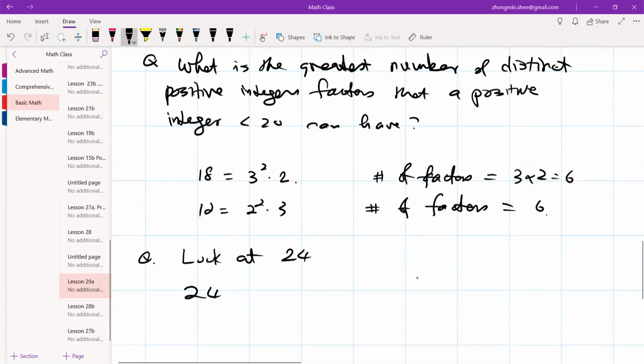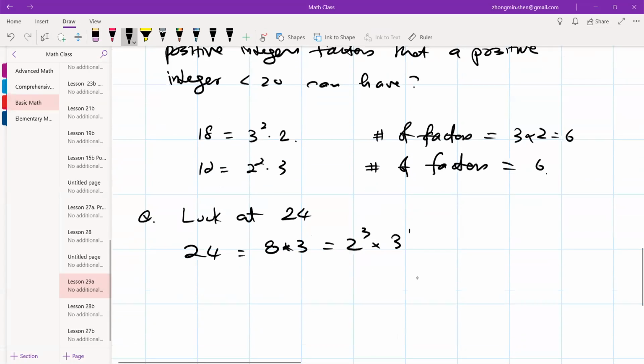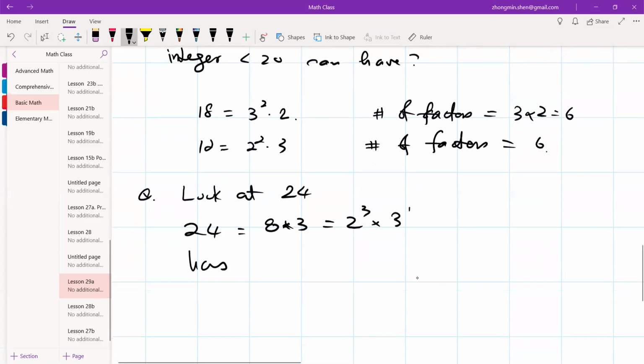Okay, 24 is 8 times 3, which is 2 cubed times 3 to the power 1. So it has 4 times 2, which is 8 factors. Why is it 4 times 2, not 3 times 2? Because the factors must be in the form 2 to the P times 3 to the Q, right? So P can be 0, 1, 2, 3, and Q can be 0 or 1.